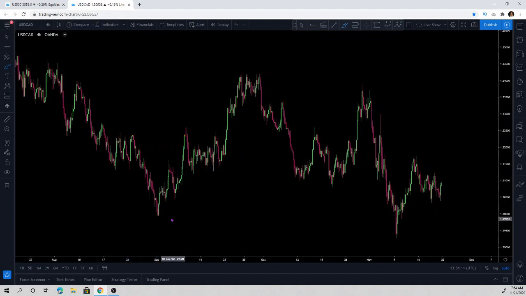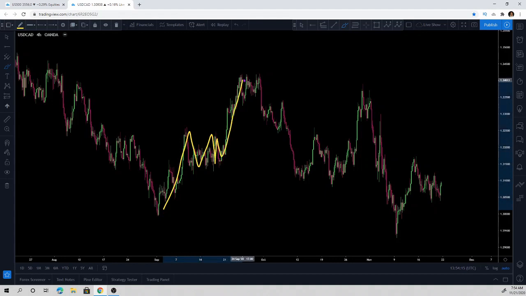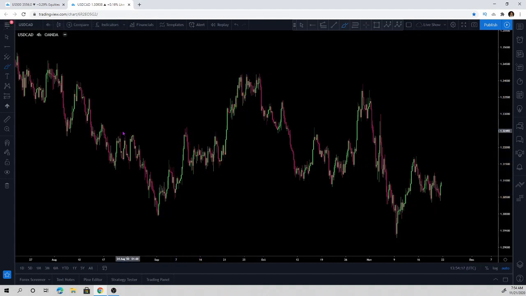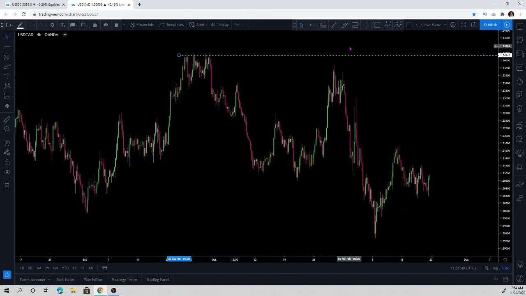But bulls were still in control of this market whilst this resistance was being tested. So this means that this level of resistance was broken with, right? And on the difference, this level of resistance was not broken with. Why? Because bears took control of this market. And this is the inflection point in the market that we are looking at. So this is going to be our level of resistance.